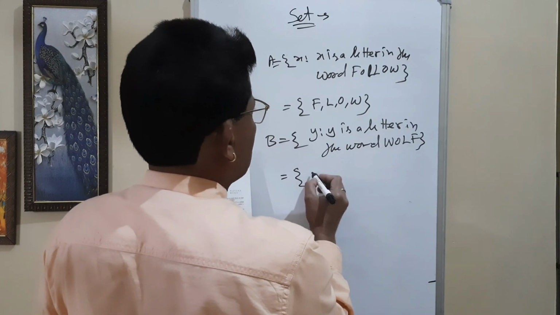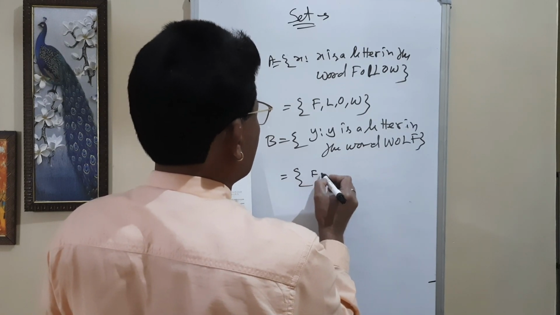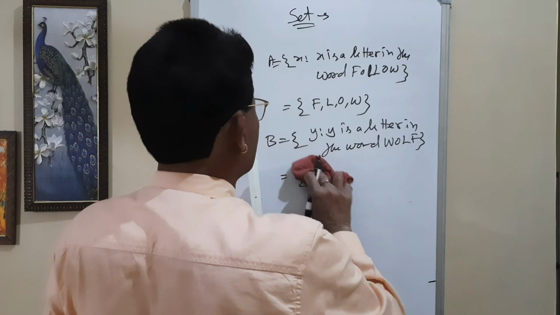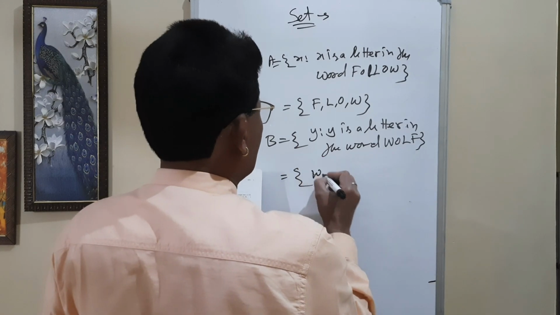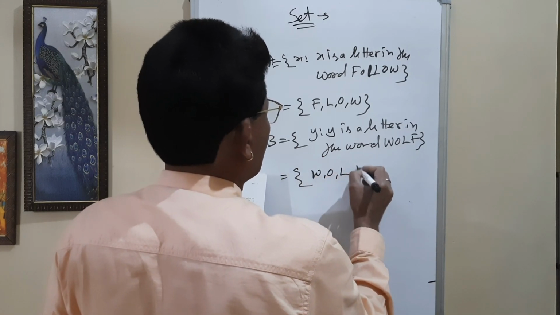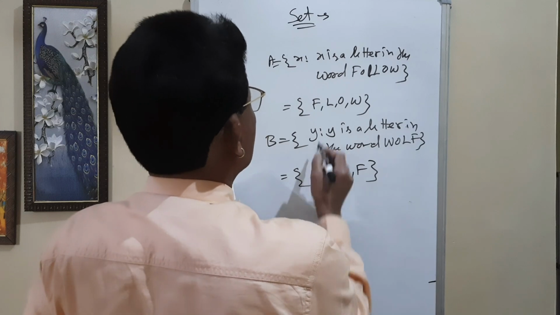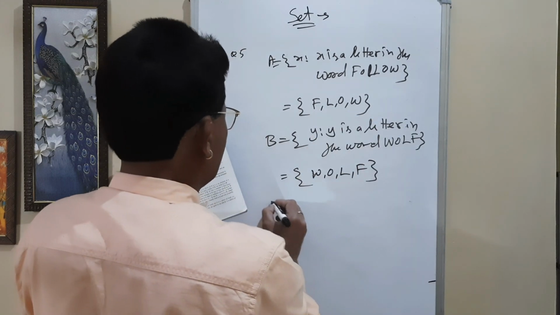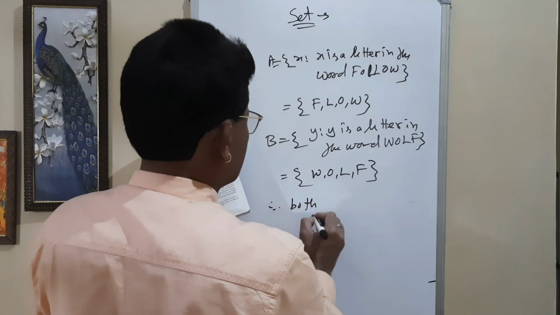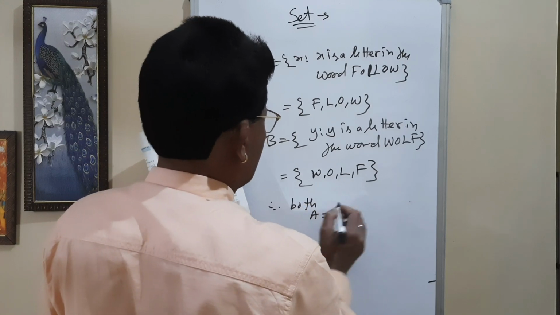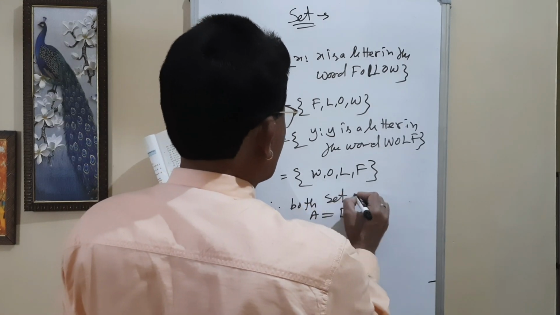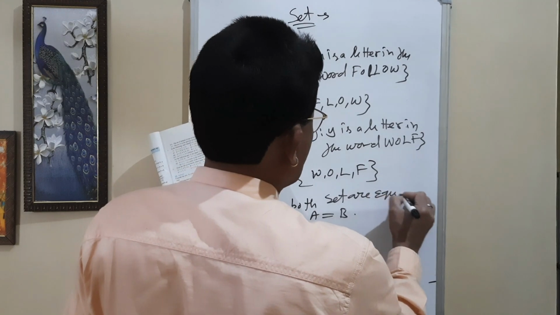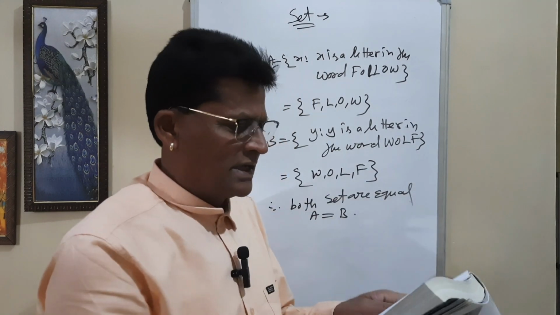That will be F. Let me write consecutively: W, O, L, F. My dear student, W is here, O is here, L is here, F is here. That is why both are equal sets, that is, A is equal to B. Both sets are equal, my dear student, in this part.